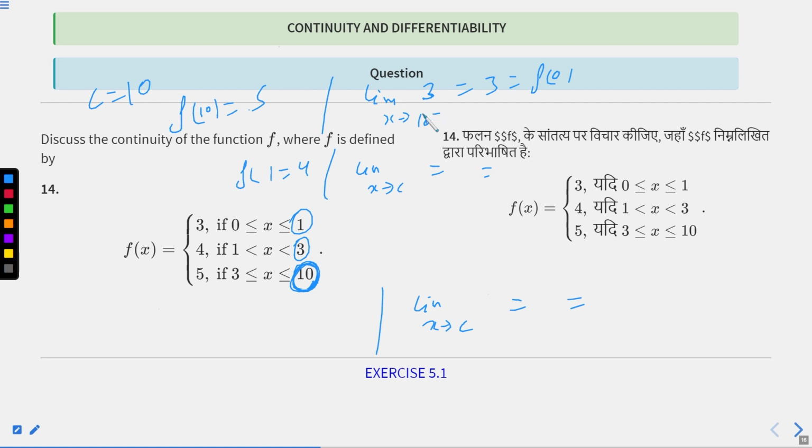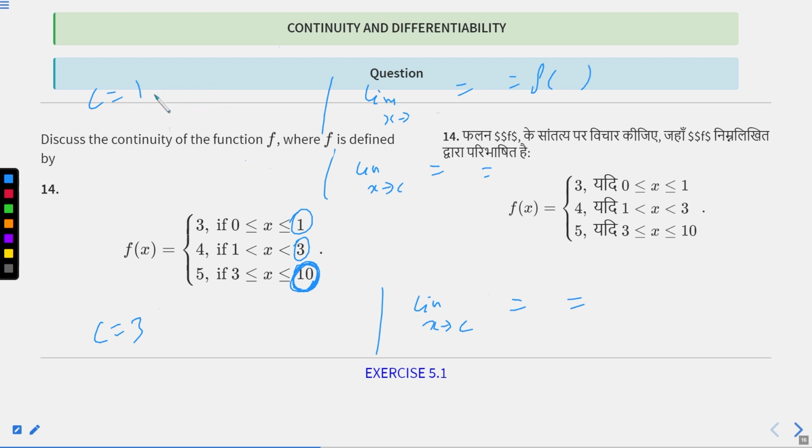Limit x tends to 10 from the left hand side will be 5, and this is same as f of 10. So it is continuous at 10 also. Now the only points we have to check are c is 1 and c is 3. Let us see for 1 and 3.